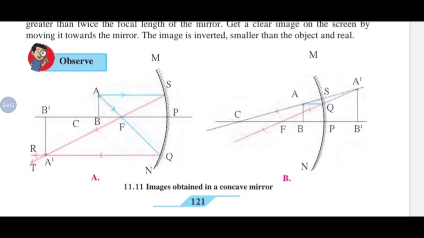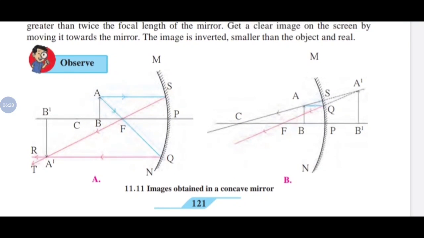Both the pink colored reflected rays meet at one single point, indicated as A dash. From the point A dash, draw a perpendicular line to the principal axis, up to B dash. So A dash B dash is the image.